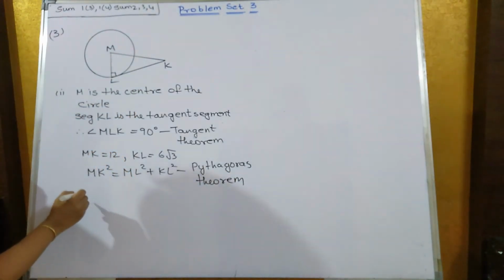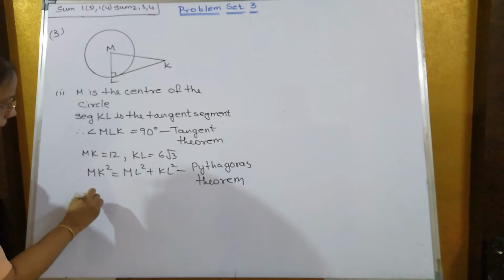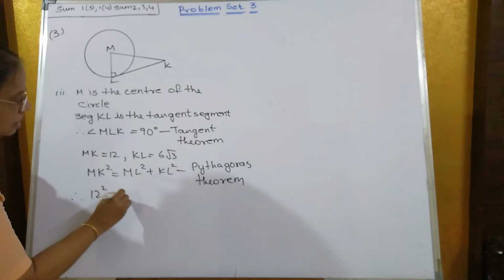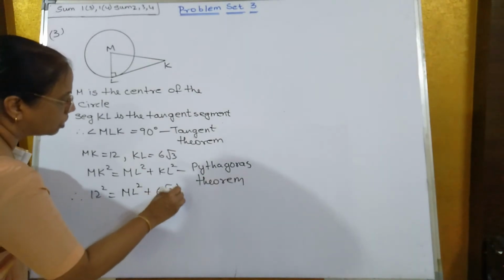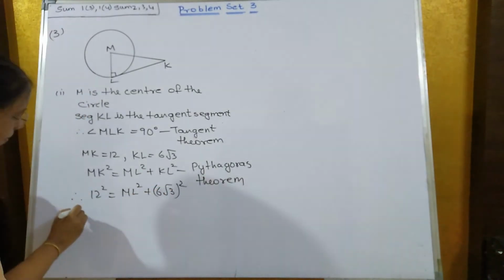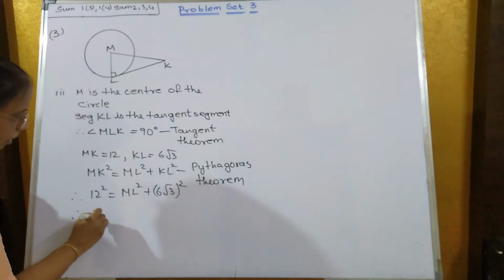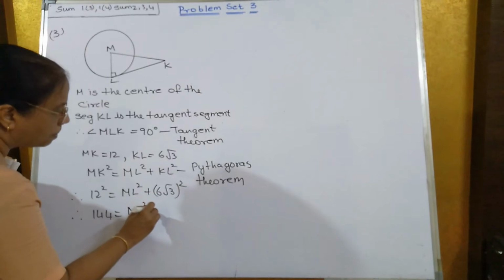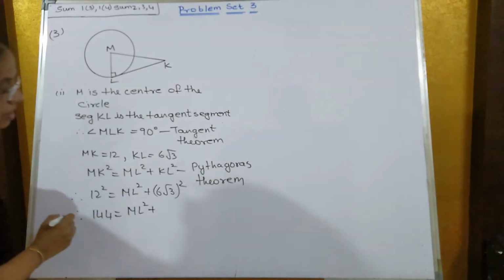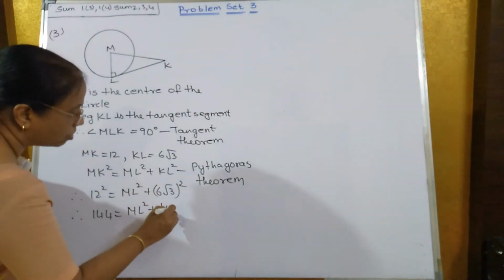Therefore, what is MK? MK is equal to 12 square. ML square we have to find out, and KL is equal to how much? 6 root 3 the whole square. Therefore, 144 is equal to ML square plus 6 square is 36, 36 into 3 is how much? 108.